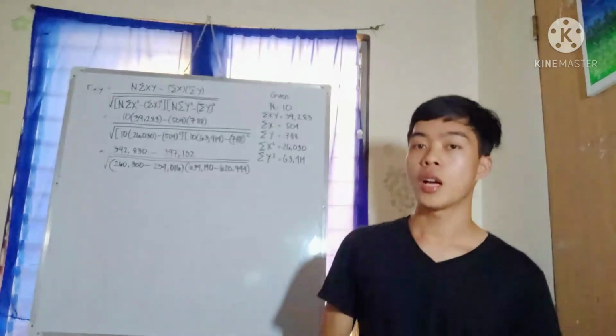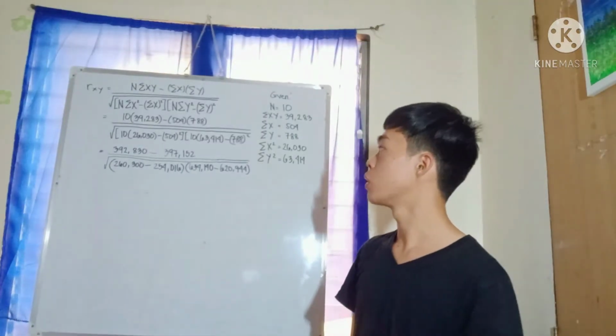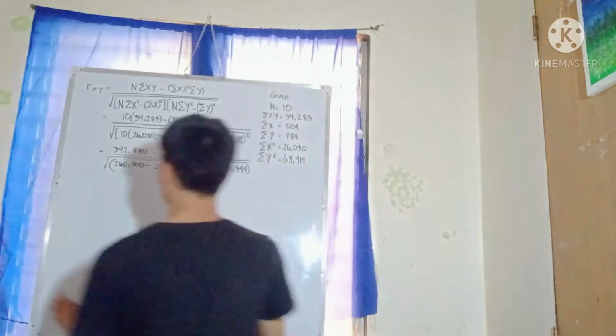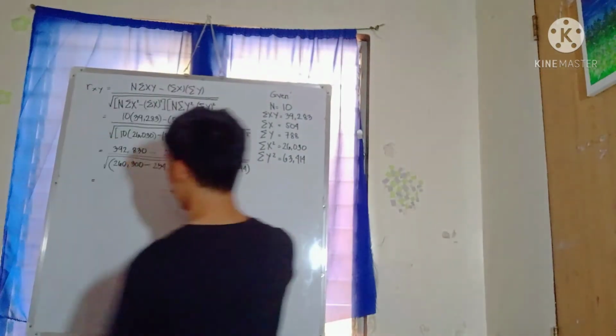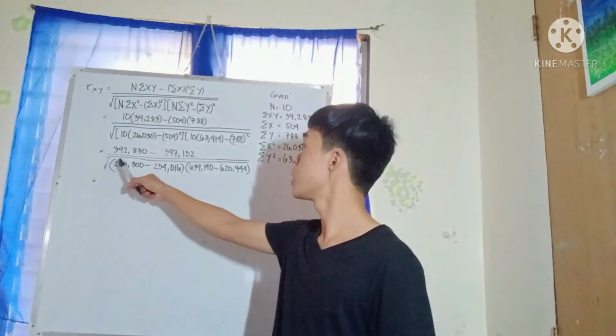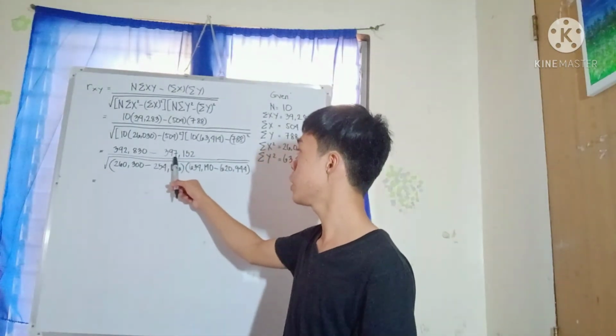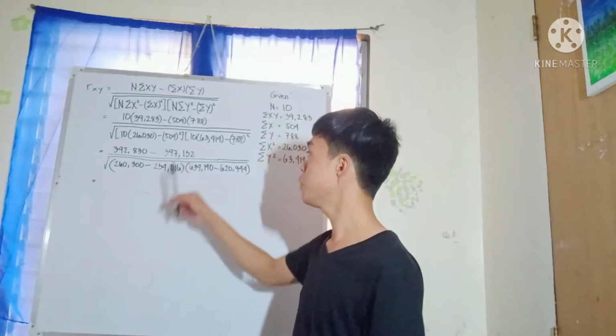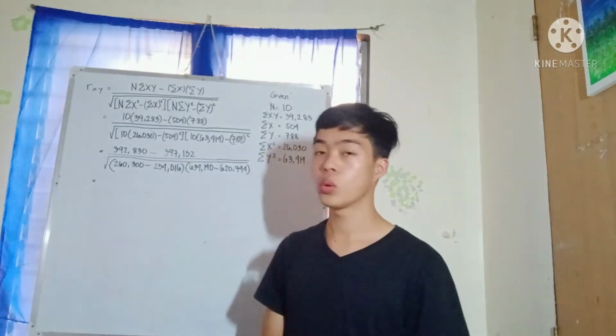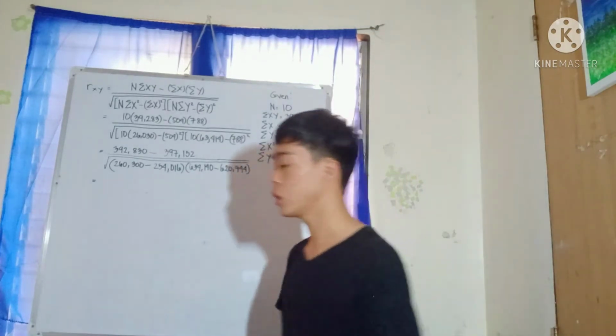Okay, after that, we will subtract. So 392,830 minus 397,152 is equal to negative 4,322.